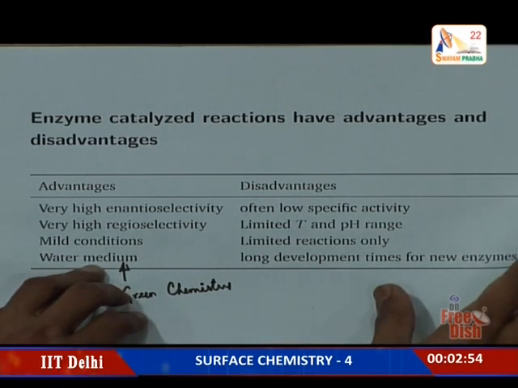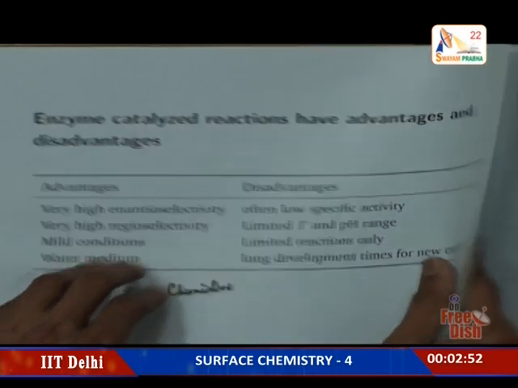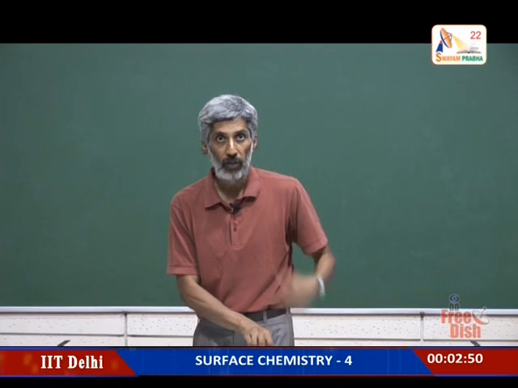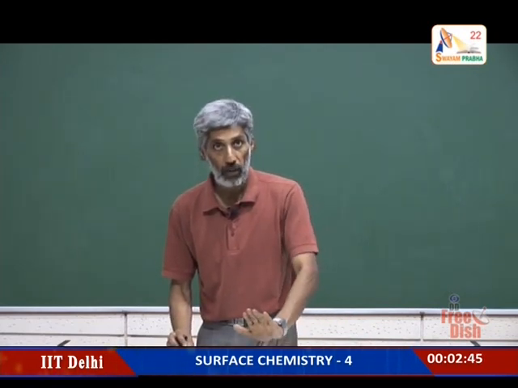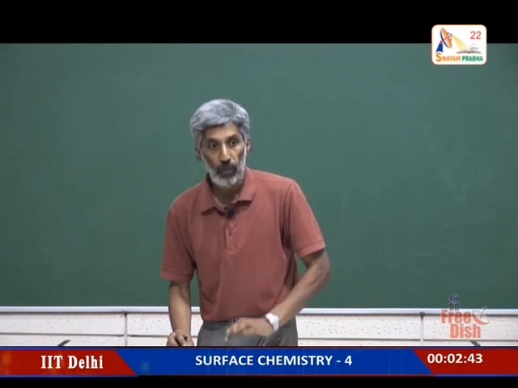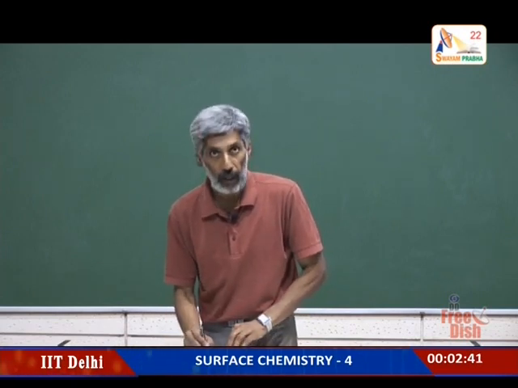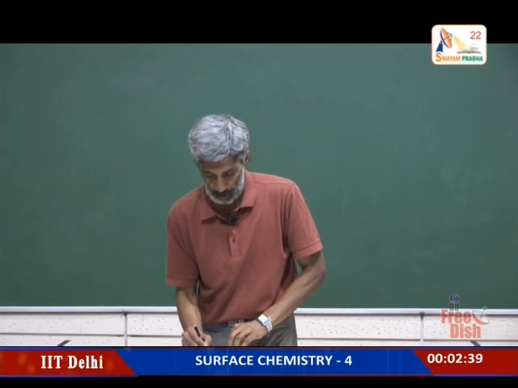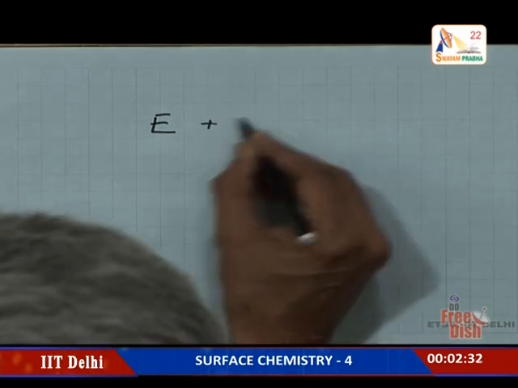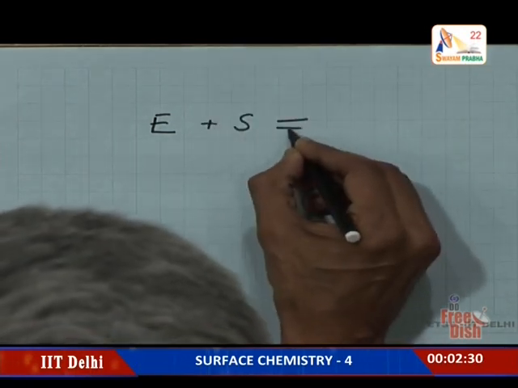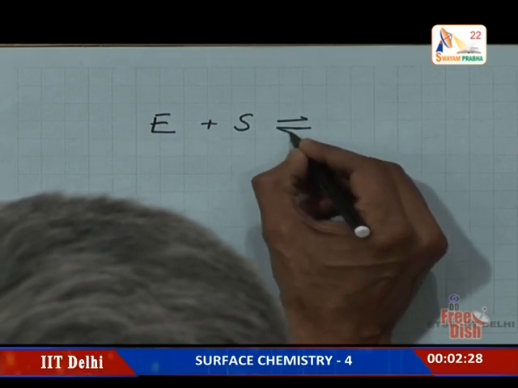And the enzyme catalyzed reaction, as we have seen, is very straightforward, and it is an adaptation of what we saw in heterogeneous catalysts. I will just recap this before I close for the day, and that will close the subject of catalysis. So, this is how it goes. You have an enzyme, it grabs a substrate to form an enzyme substrate complex.